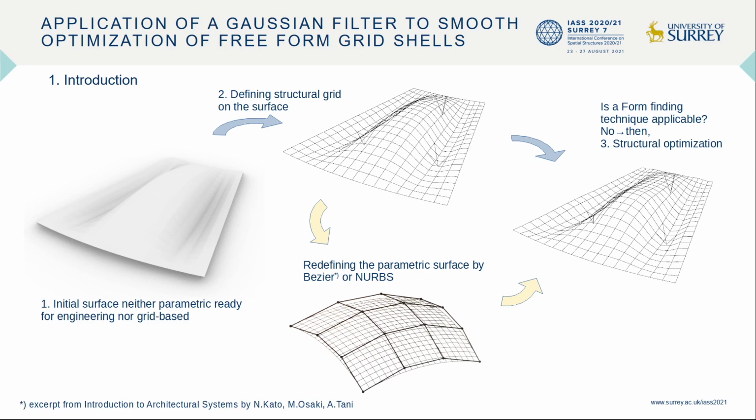If the freeform including grid framing is somehow parameterized utilizing a mathematical model such as Bézier or NURBS, the structural optimization can also make use of control points. However, in practice, even today, the design steps between architects and engineers are not always so integrated.